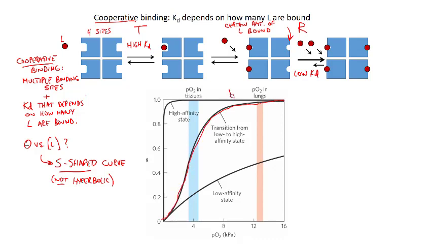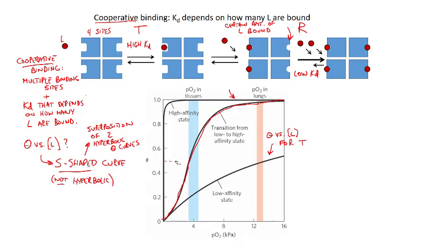It still saturates when you get up to very high concentrations, but what's actually going on here? Why does it have this kind of S shape? Well, the reason that it's an S shape is that it's a superposition, sort of a weighted average of 2 regular hyperbolic curves. When you start out binding, you're at very low concentrations of your ligand. You're in the T structure. This is the theta versus L curve for the T structure.